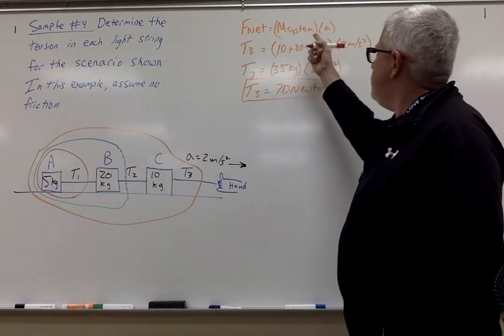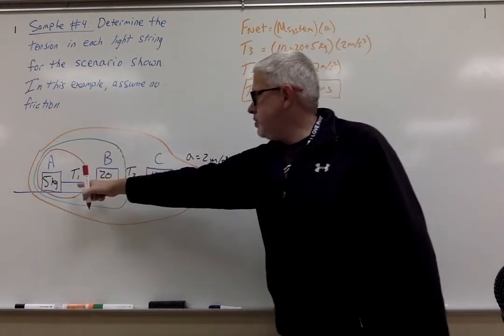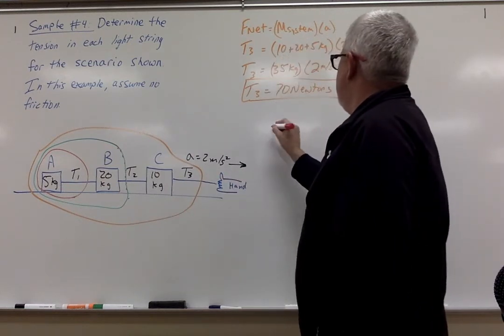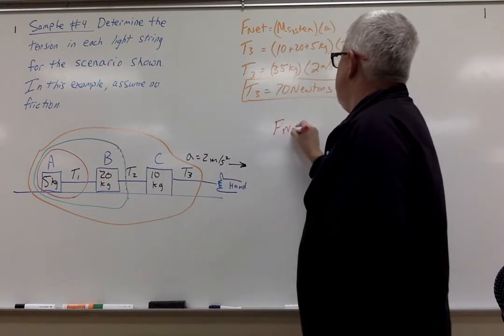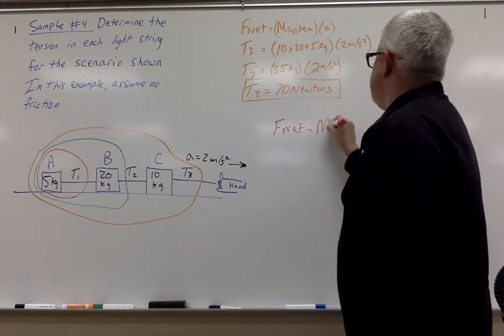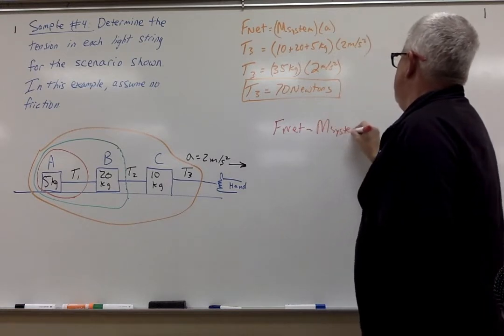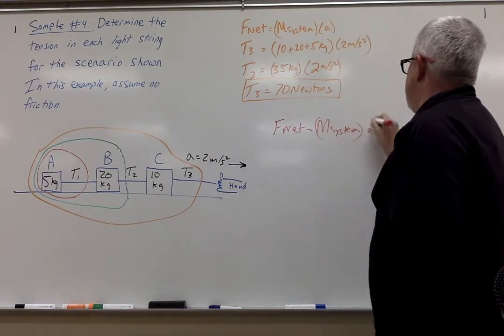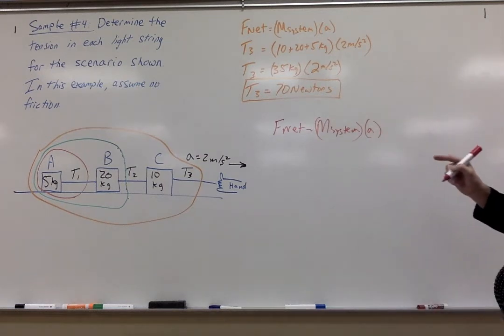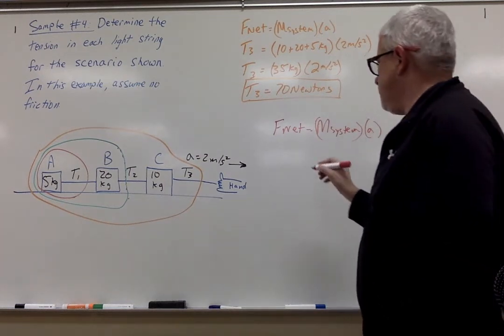So I'm going to apply Newton's second law again, but now to a new system, only with block A. So F net equals M system times A. The acceleration is the same in all these problems because all the blocks are connected to each other.